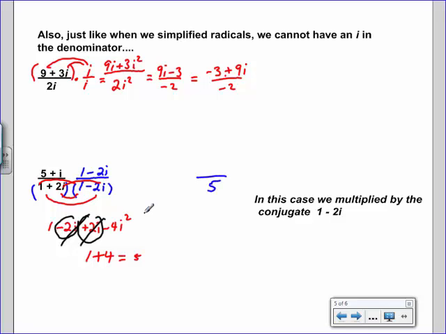And we also have to FOIL the top. Five times 1, we'd have 5. Outside, minus 10i. Inside, plus i. And minus 2i squared.